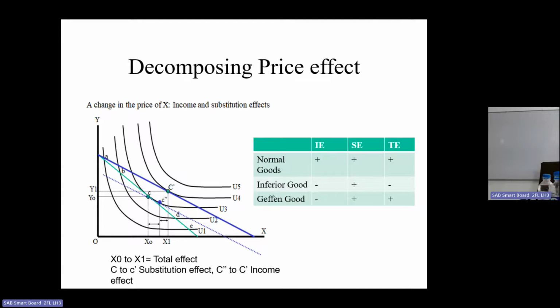So we are trying to maximize the utility subject to the given income. Income is fixed. The blue line explains the given income.